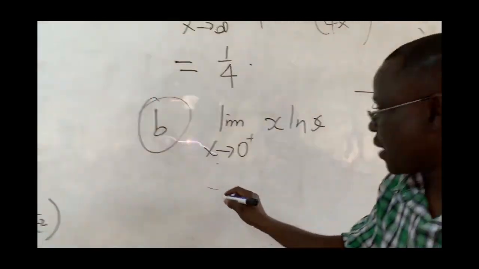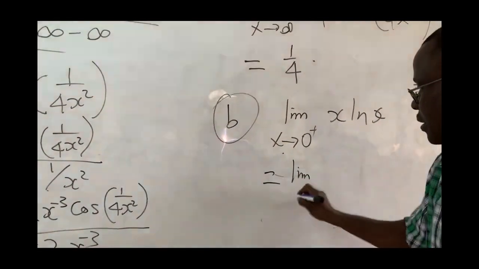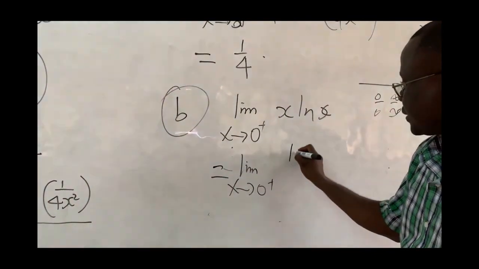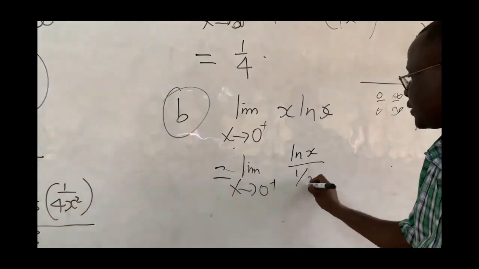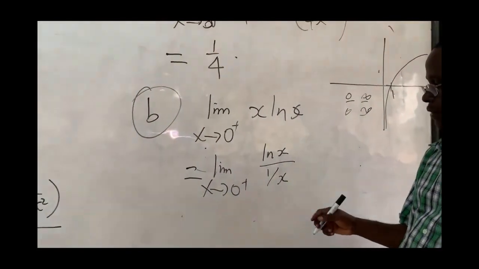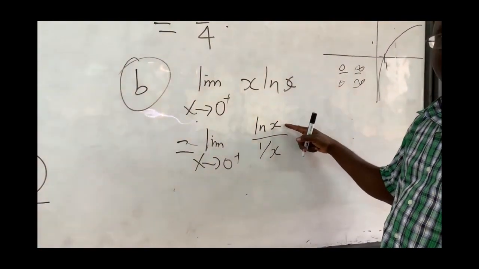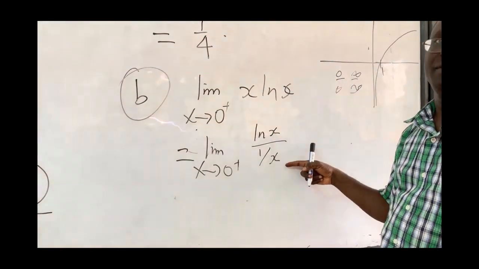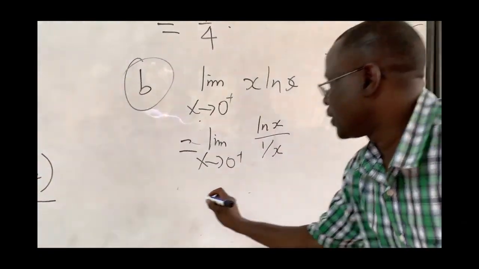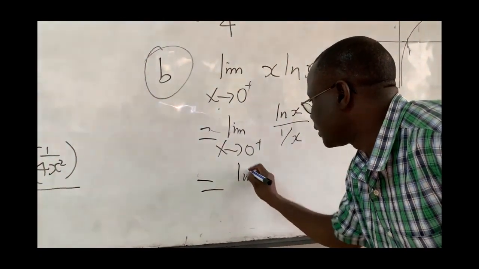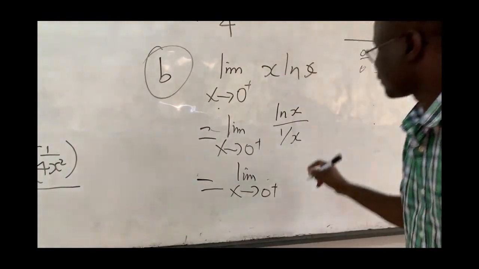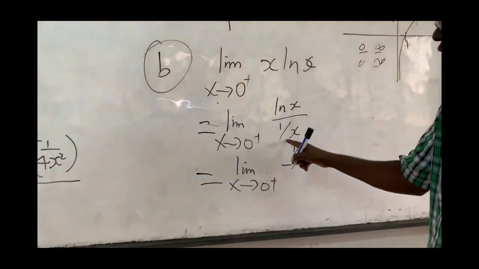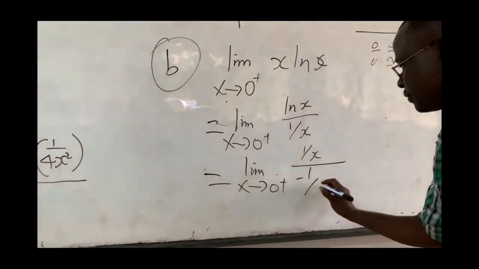From here, you can rewrite this as the limit as x goes to 0. You can write this as ln x all over 1 over x. Now as x goes to 0, this guy is going to negative infinity. This guy is also going to infinity. So now you have infinity over infinity, so you can apply L'Hopital's rule. We are going to get the limit as x goes to 0. The derivative of ln x is 1 over x. The derivative of 1 over x is negative 1 over x squared.